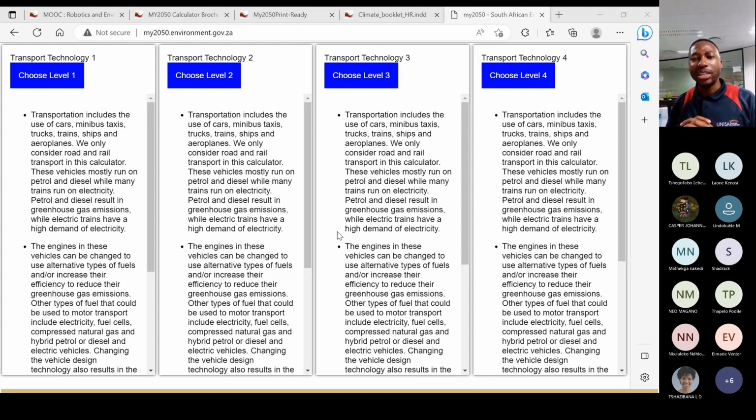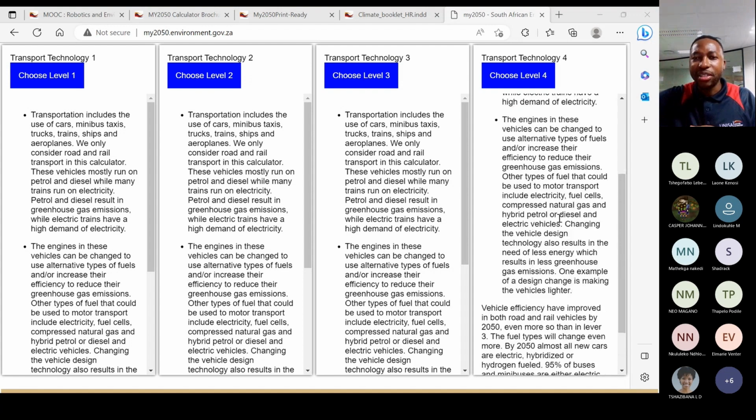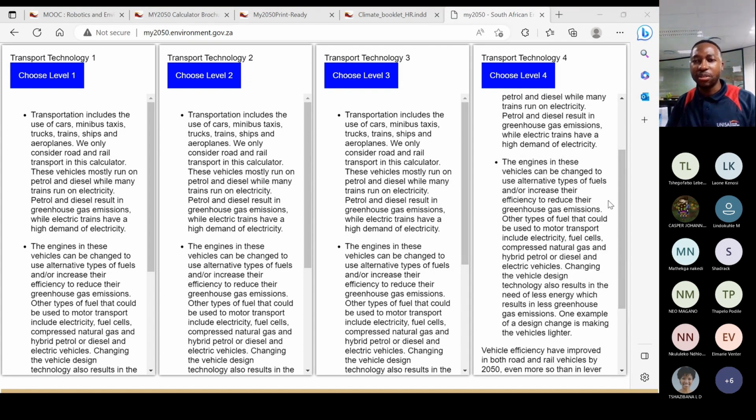And then here you will talk about while electric trains have high demand of electricity, it's also part of transportation. And then the last part here says that the engines in these vehicles can be changed to use alternative types of fuels or increase their efficiency to reduce the greenhouse gas emissions. Other types of fuels that can be used in motor transport include electricity, fuel cells, compressed natural gas, and hybrid petrol or diesel and electric vehicles.